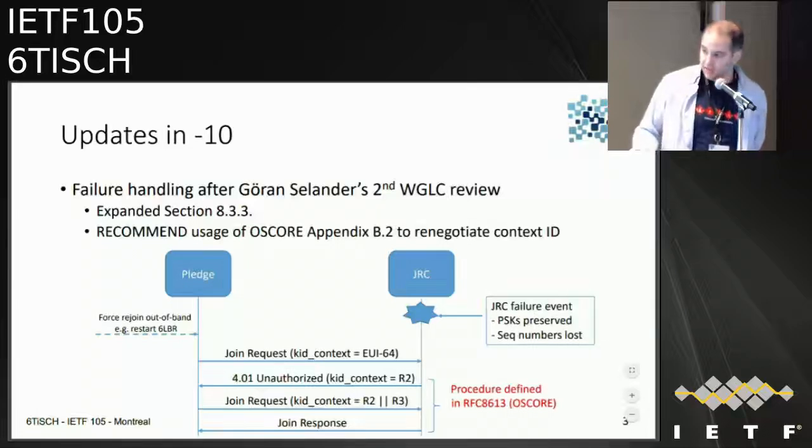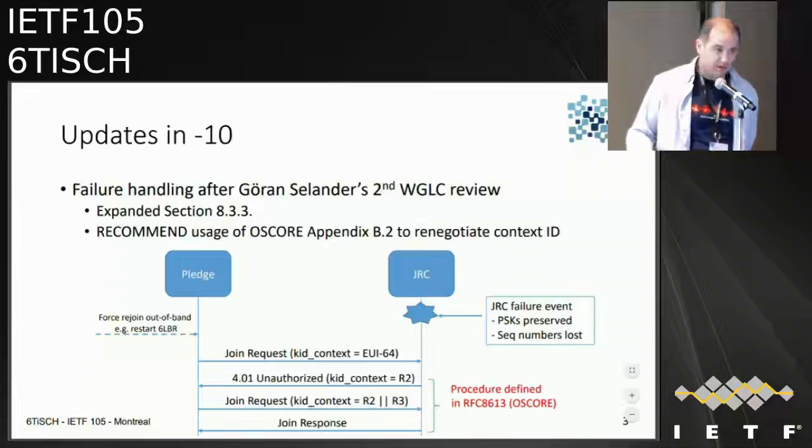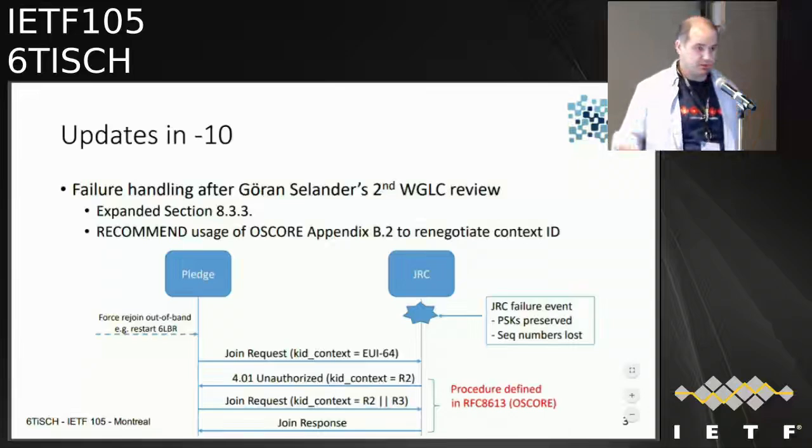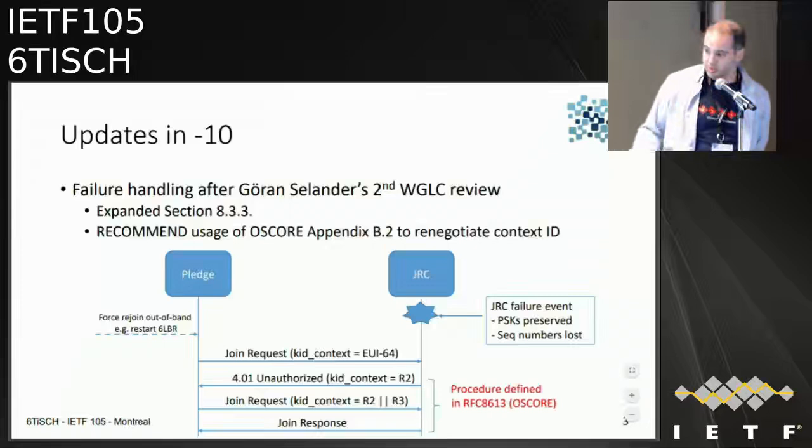And finally, as the output of this procedure, from the KID context that is the EUI-64 of the pledge, we end up with a new KID context and fresh parameters that allow us to prevent the nonce reuse in the join response.